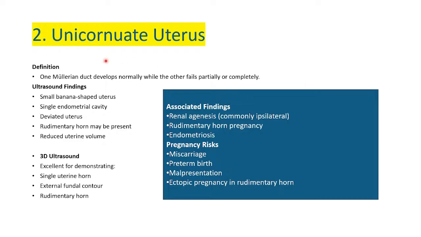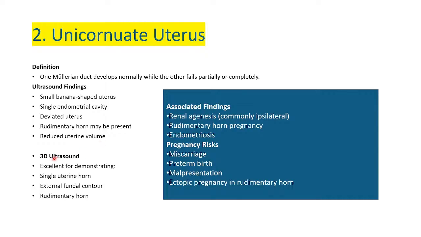The second one is what is called unicornuate uterus. By definition, one Mullerian duct develops normally while the other fails partially or completely. Ultrasound findings: we will see a small banana-shaped uterus, single endometrial cavity, deviated uterus, rudimentary horn may be present, reduced uterine volume.